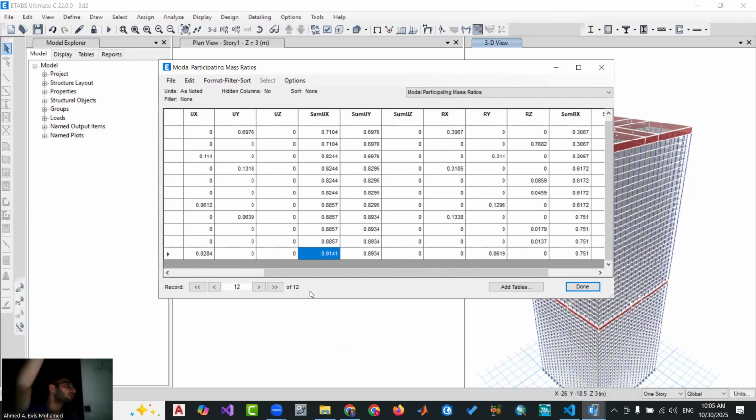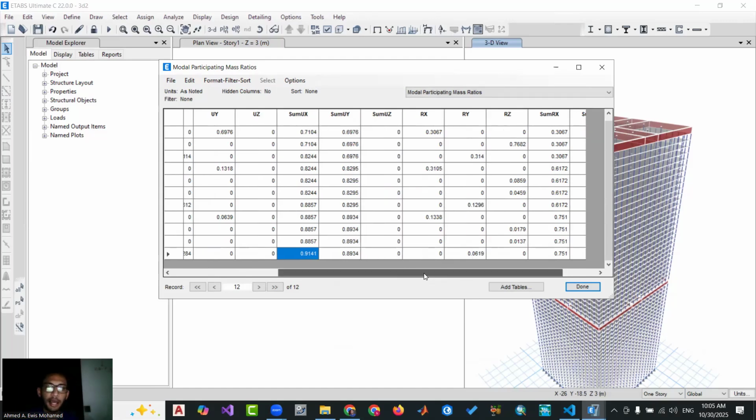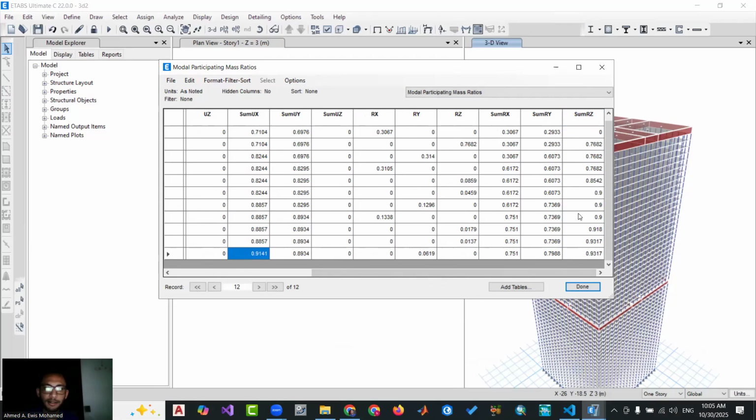You should increase the modes. And when you increase the modes, your model takes more time to run the analysis, but it's not a big deal, it's a very small amount of time. Here, for example, you have only 12 modes, and you have 0.91 and here 0.89. You can accept this number. And also you should go to RZ and you will find it 0.93. So all of these numbers are good.